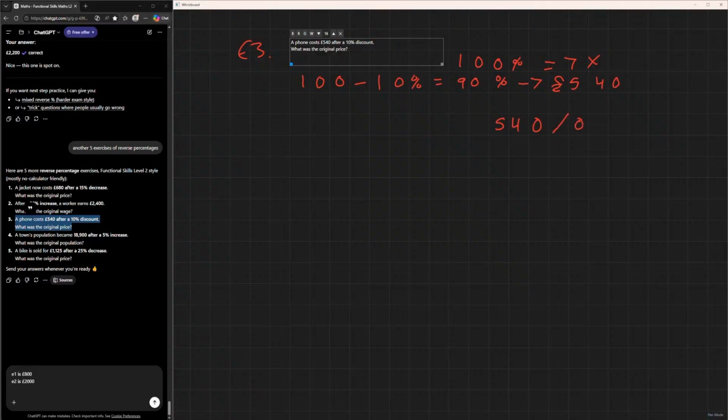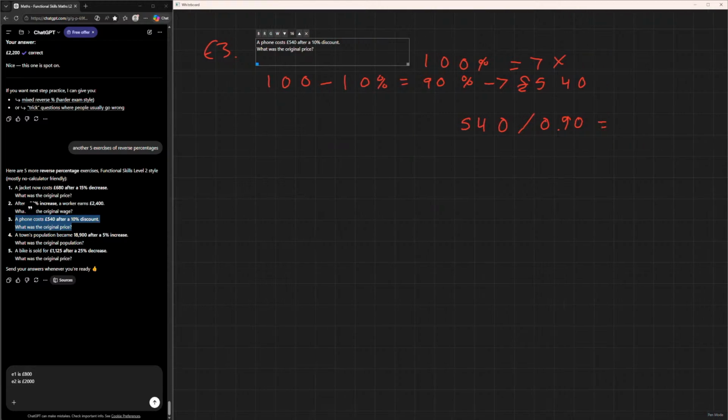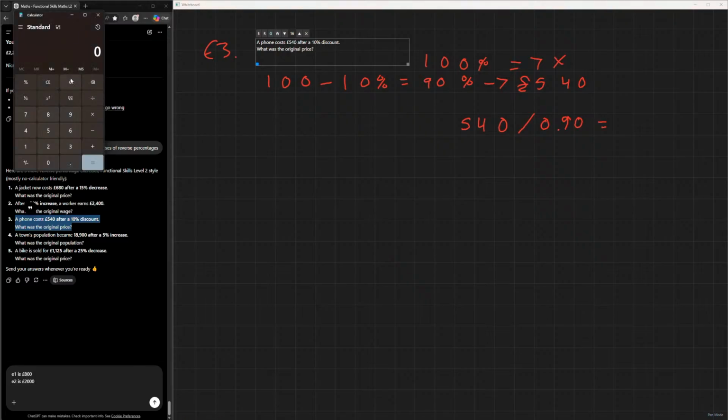We divide by 0.90 and it's going to be 600. So the original price is 600. Okay.